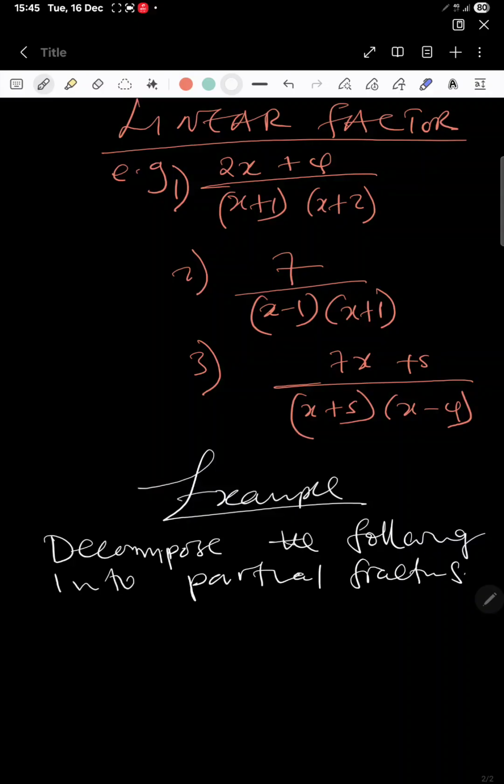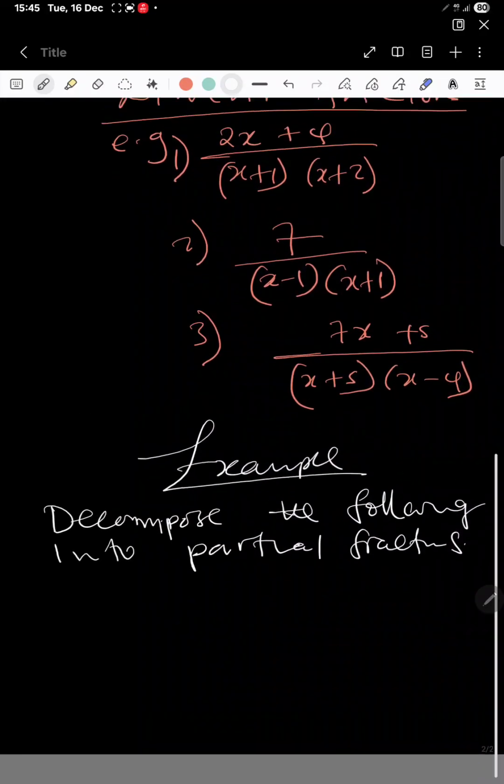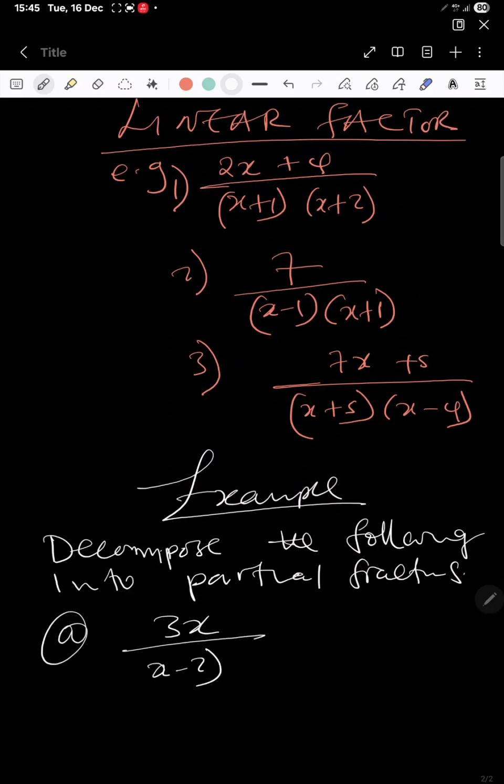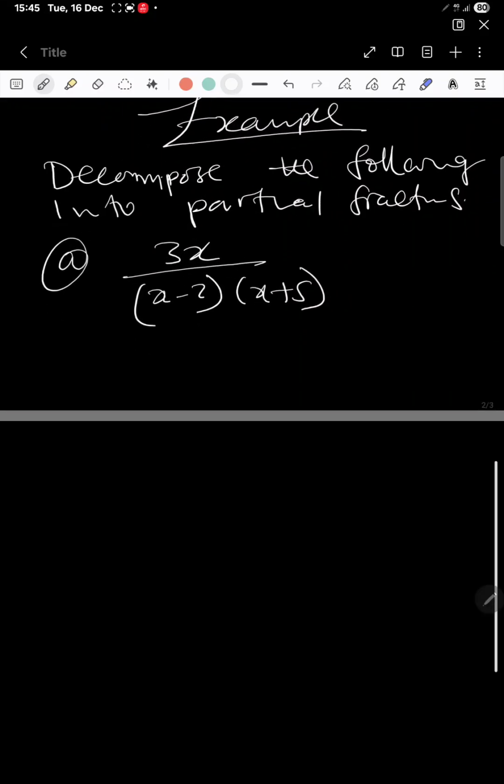Our first question here is 3x over x minus 2 and x plus 5. So we are decomposing this into partial fractions.